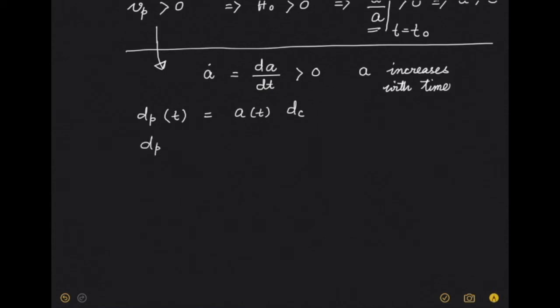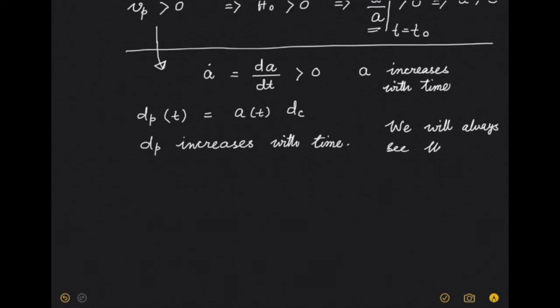So dp also increases with time, which means we will always see the galaxies going apart.